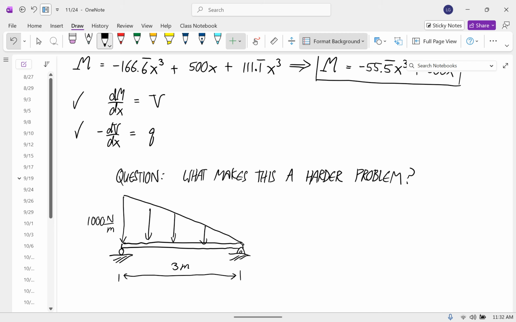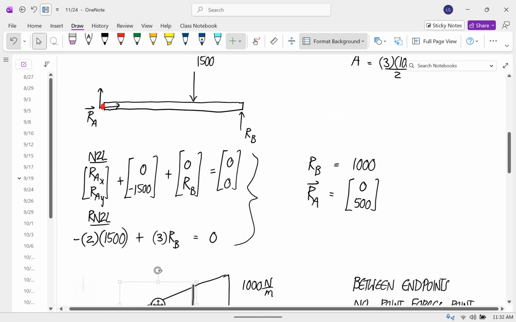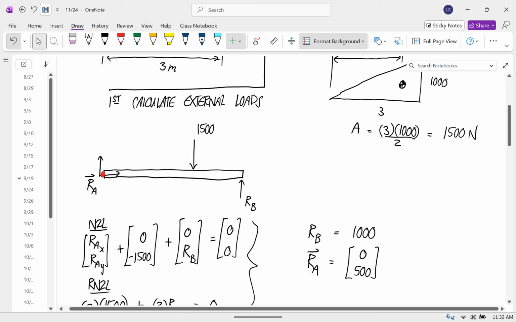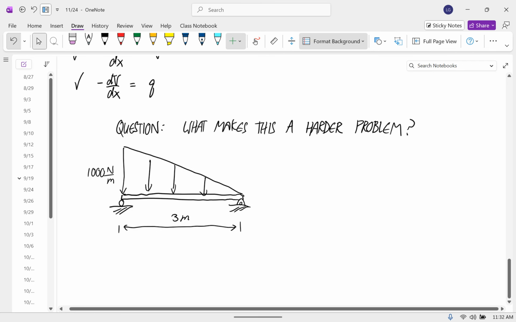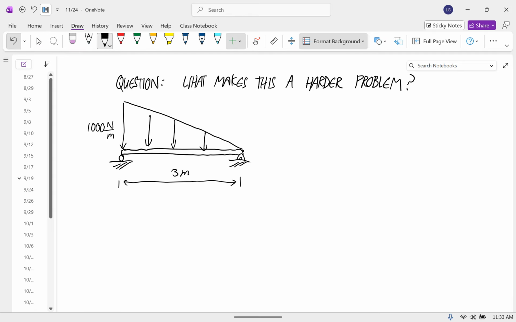I mean, that's the exact same problem as this, just flipped around backwards. Right? But if we're going to actually work this problem as it's drawn here, think of what a cut would look like.